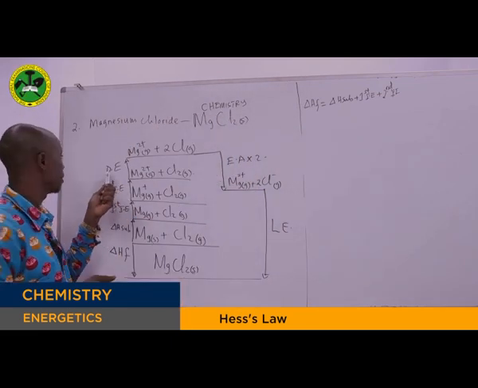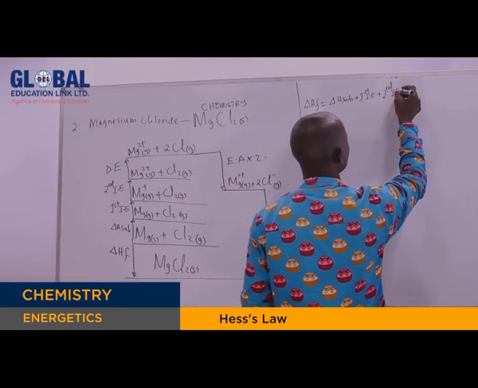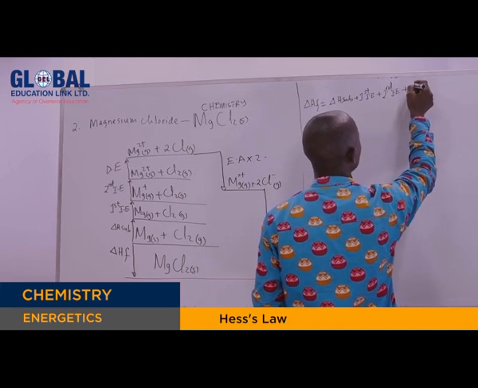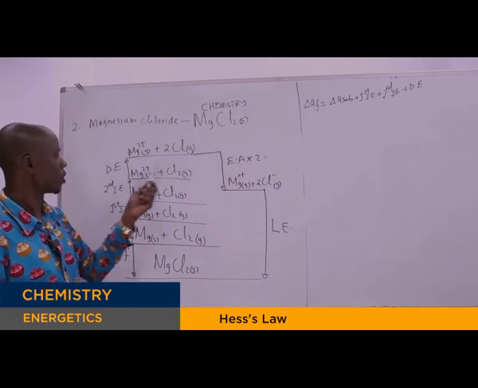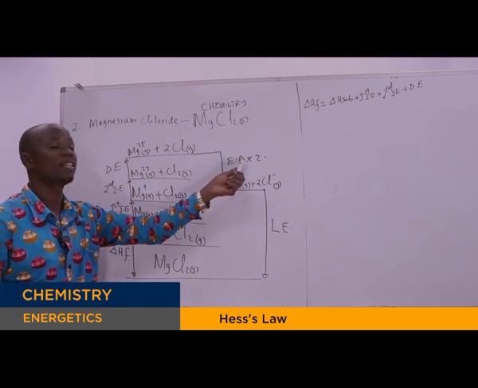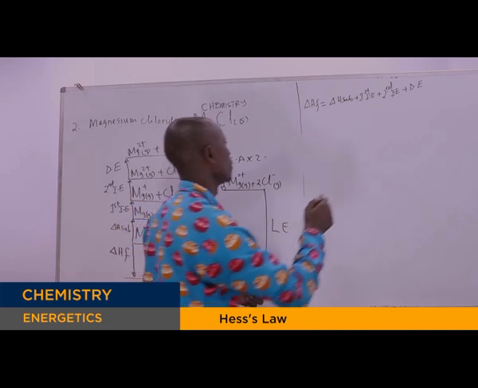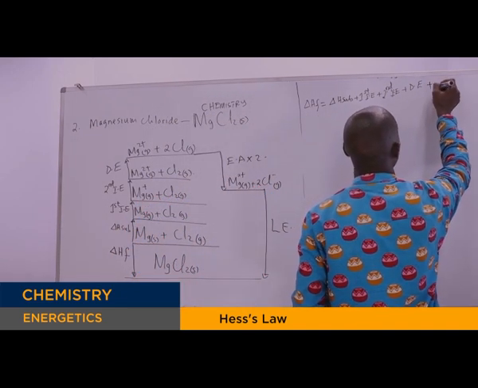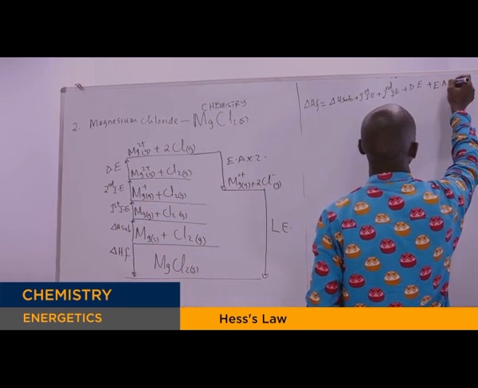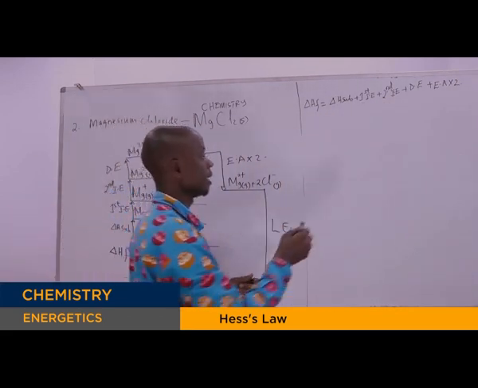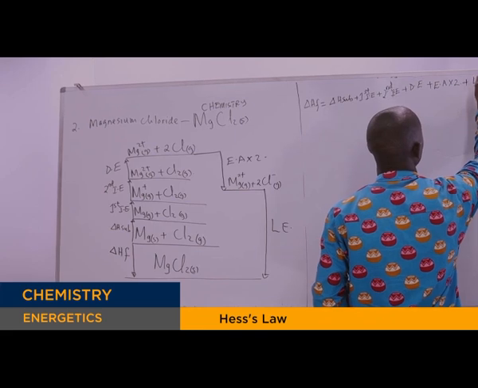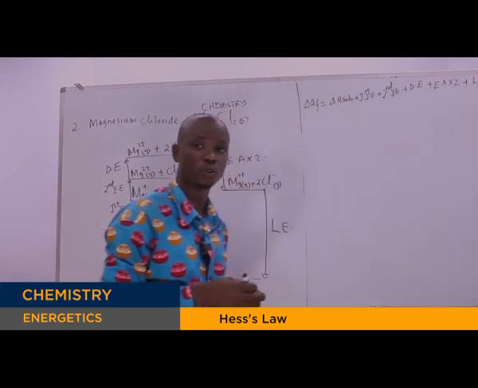We go to the third one, dissociation energy. We go to another one, electron affinity times 2. It is important to remember. Electron affinity times 2. Then we finish with the last one, lattice energy. That is the formula to use.